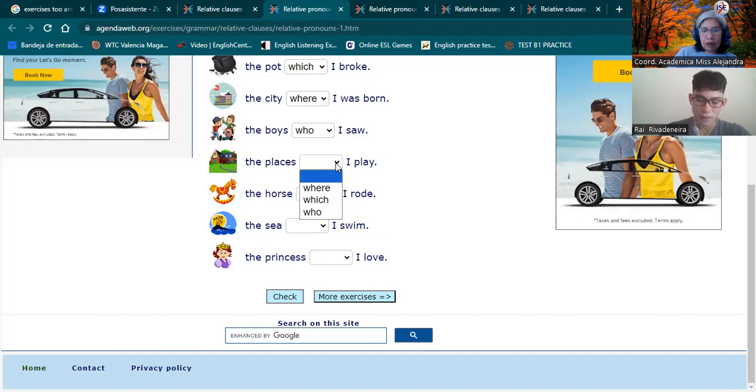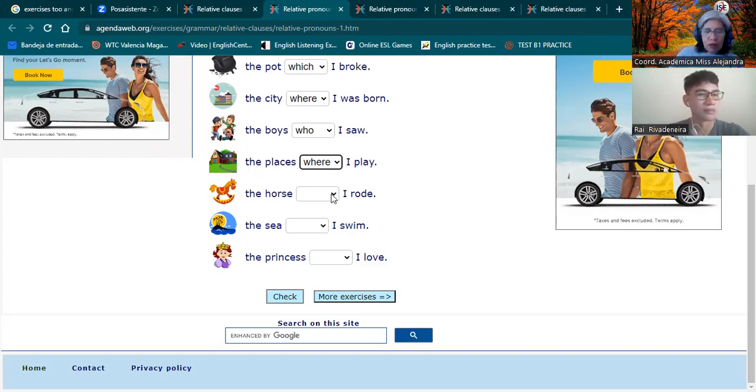The places where I play. Yes, here it is important not to translate, because if you translate, los lugares que yo juego, it sounds like that, but we're talking about place. So I use where.